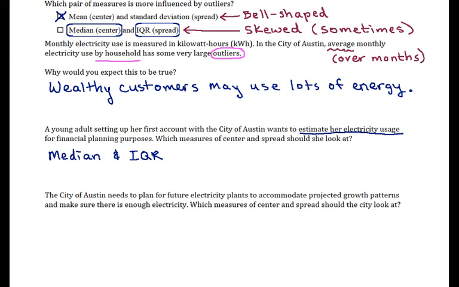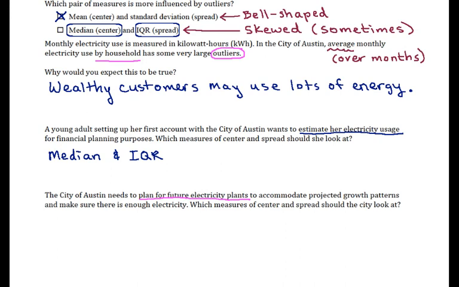If we contrast that with what would happen when the City of Austin is needing to plan for future electricity plants to accommodate projected growth patterns and make sure there's enough electricity, we can see that the City of Austin is affected by these few people who use large amounts of energy.